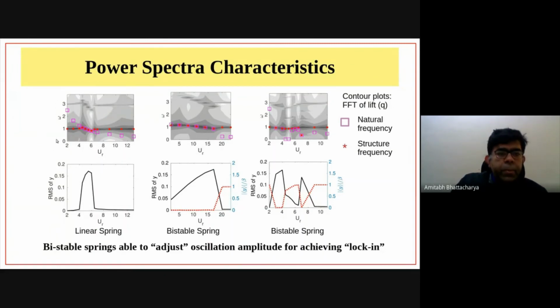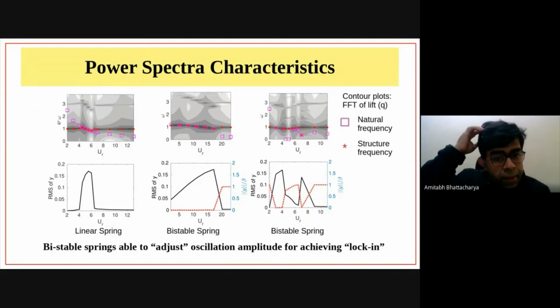The normalized frequency for the power spectral density is plotted on the y-axis, and on the x-axis you have the reduced velocity. These, at 2, 4, 6, 8, 10, 12, are all different simulations, and I get one power spectral density curve for each of these reduced velocities. The omega has been normalized with respect to the characteristic vortex shedding frequency.